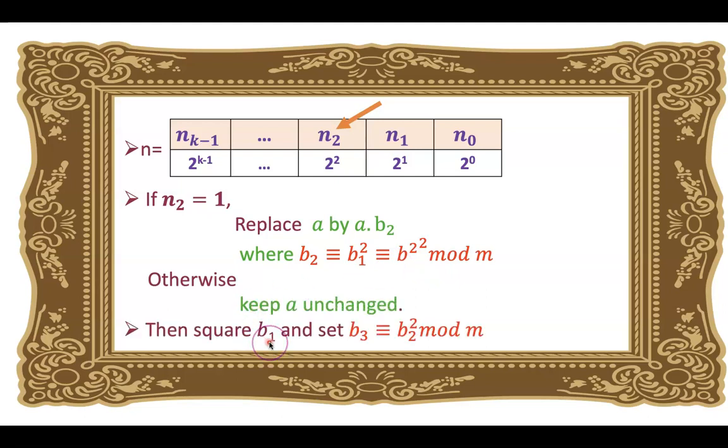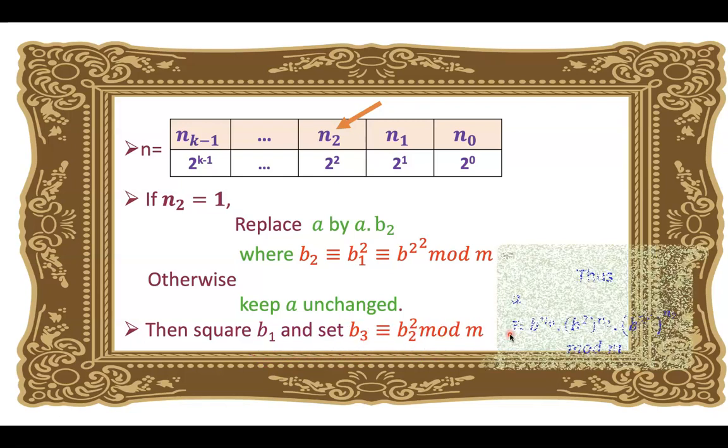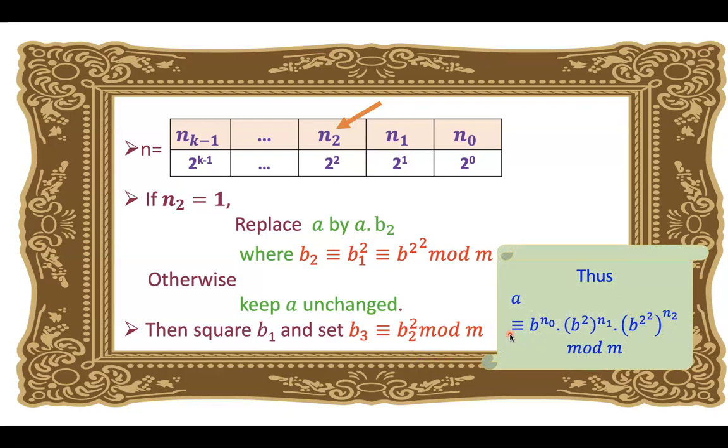And for the next step, we do this preparation. We square b2 and set b3 congruent to b2 square modulo m. Here we can see that a is congruent to old a into b raised to 2 square whole raised to n2 modulo m.